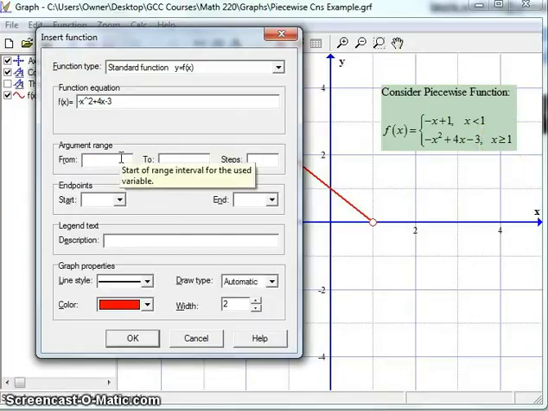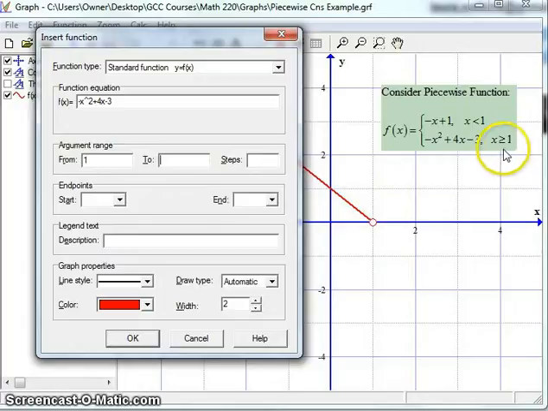So the argument starts, or x starts at 1, but goes on forever. So it starts at 1, but goes on. So I don't have any end value here. Now also notice in our definition here of our piecewise function that x has a possibility of equaling 1.